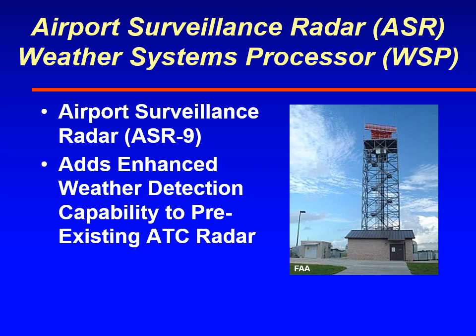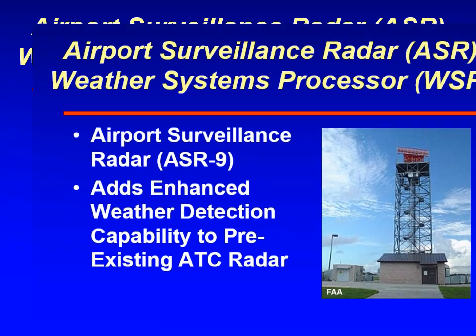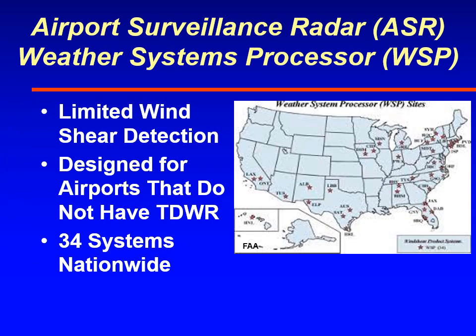So it has been modified to have some Doppler capability. Since it is an L-band weather radar, it does not have the greatest resolution, so it is designed to have wind shear detection capabilities at airports that don't have terminal Doppler weather radars. In other words, it's a poor man's terminal Doppler weather radar.